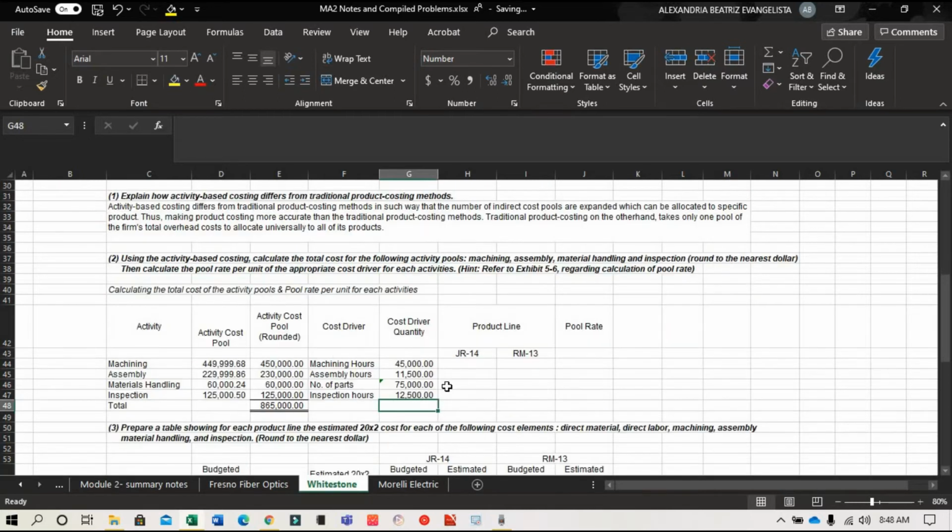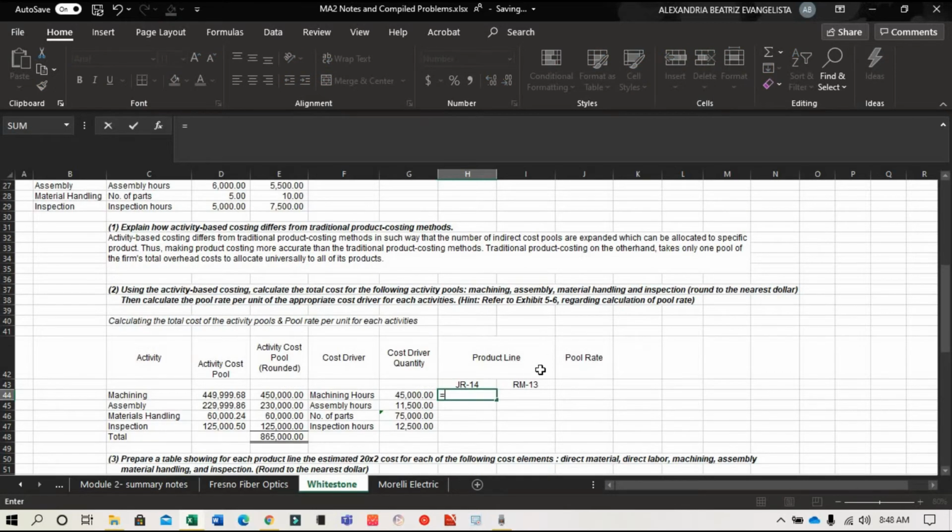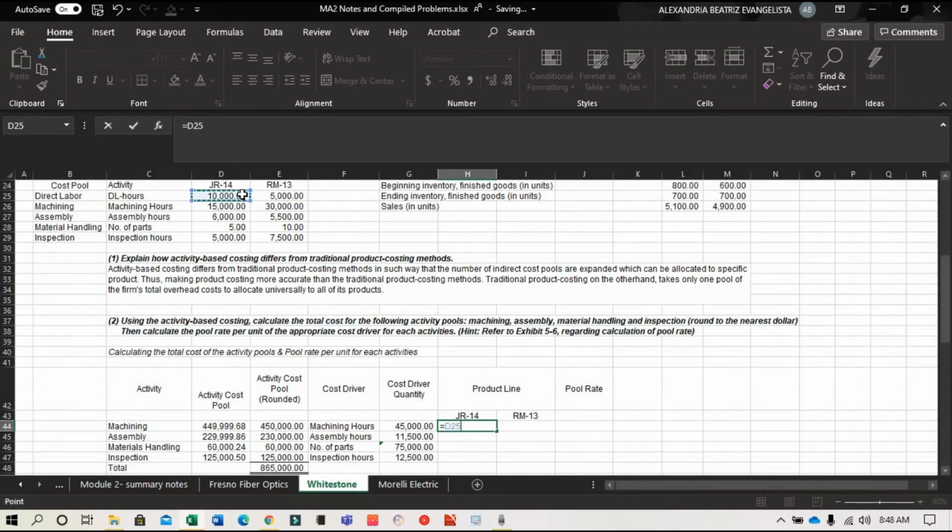So if you want your table to be detailed, let's allocate this total cost driver quantity to the two sub assemblies. For JR14, that is 15,000.